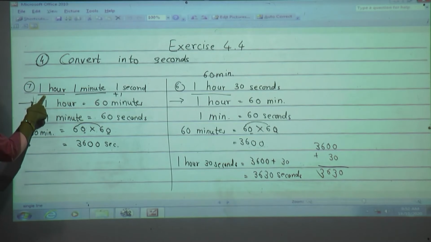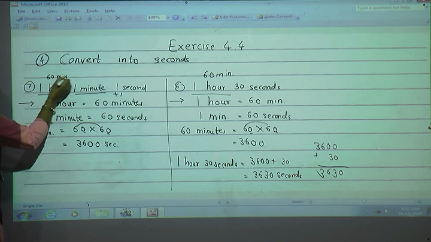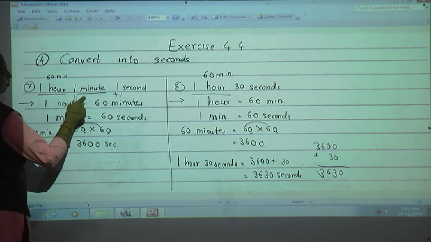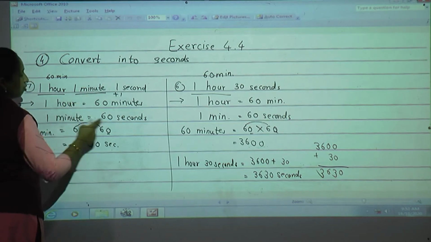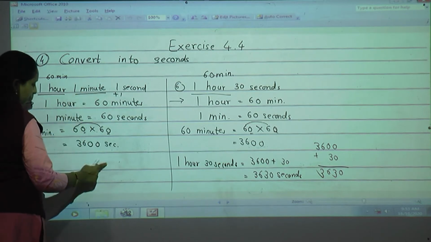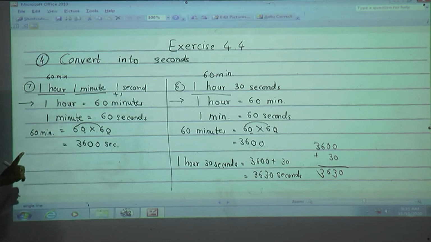Now we have the question, 60 minutes, we have converted into 3600 seconds, and 1 minute is equals to, already we know that, 60 seconds. So again no need to do, or else you can do also, already I have written here. Now directly I'll write the question.